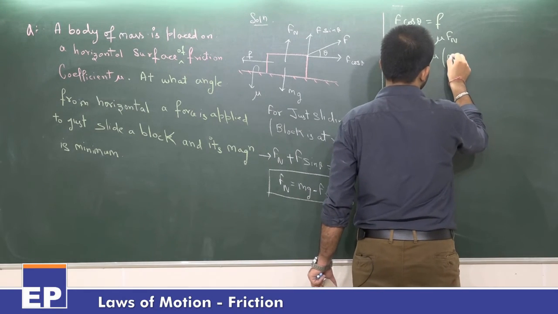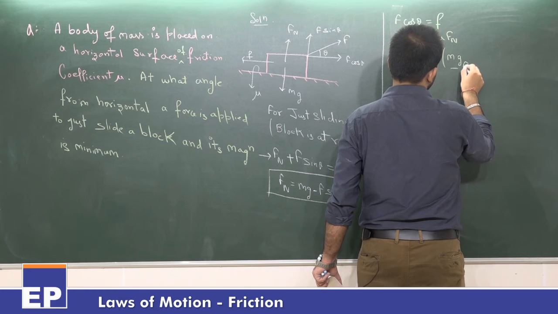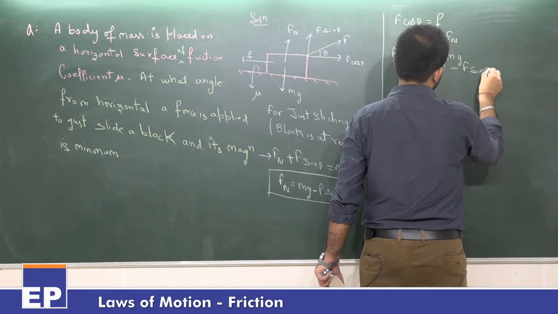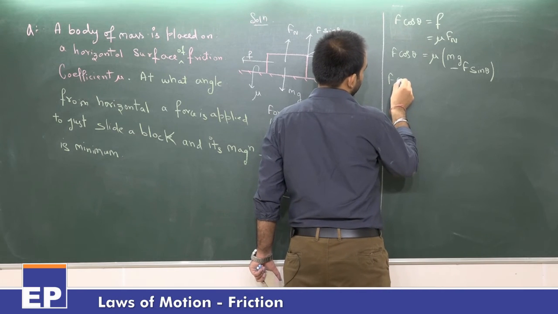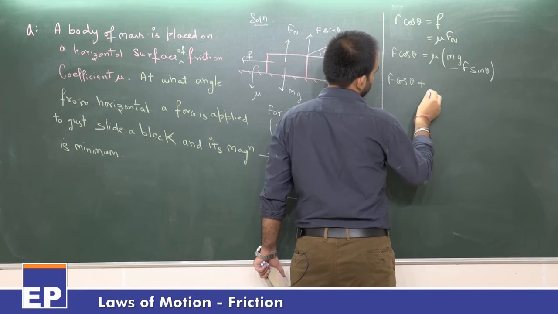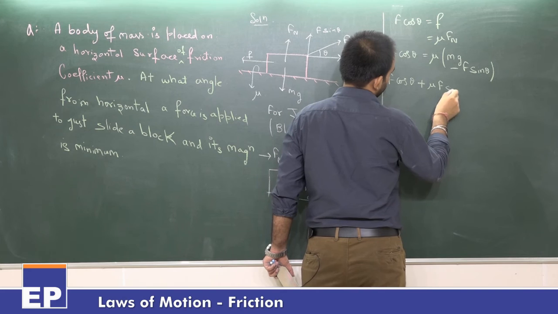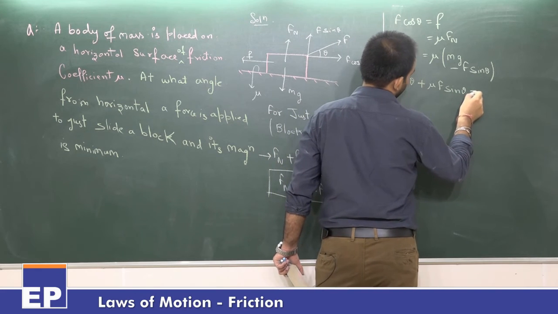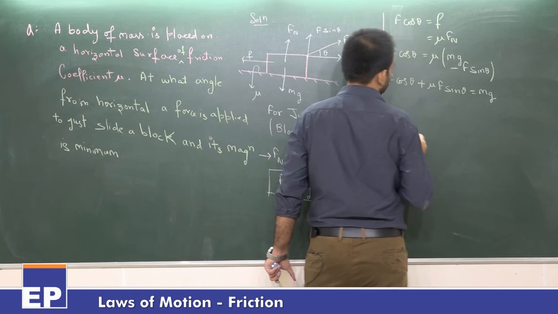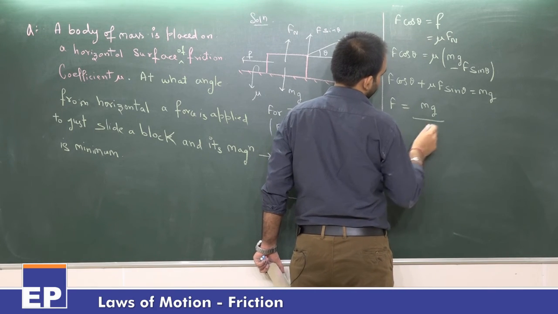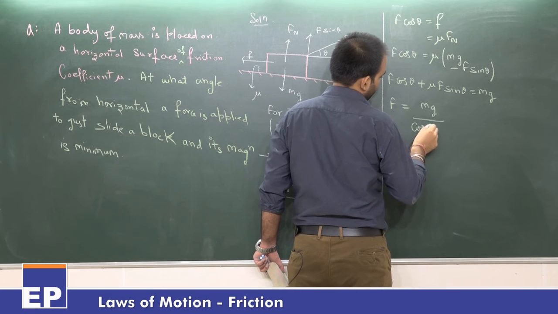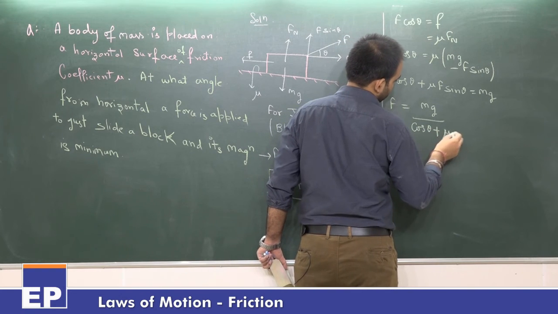It is mg minus F sin theta. That will become F cos theta plus mu F sin theta is equal to mg. So what is F? F is mg by cos theta plus mu sin theta.